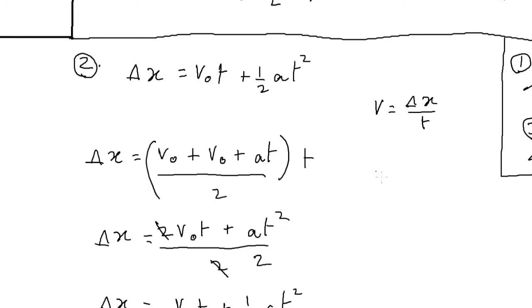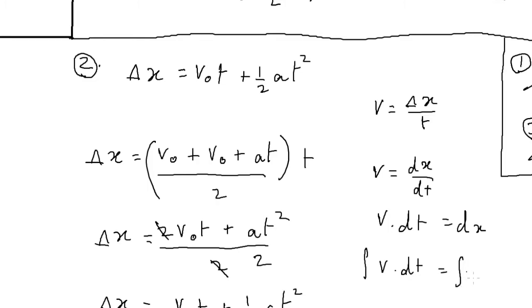You get your instantaneous velocity, which is the velocity at one very specific point in time, as dx dt. Now, same thing as before, the velocity times dt is equal to dx, and take the integral on both sides. The integral of velocity dt is equal to the integral dx.